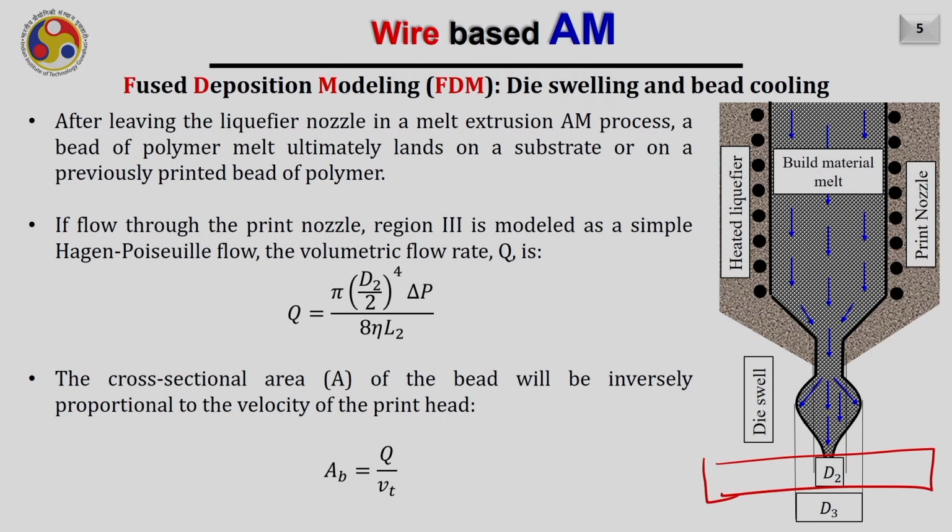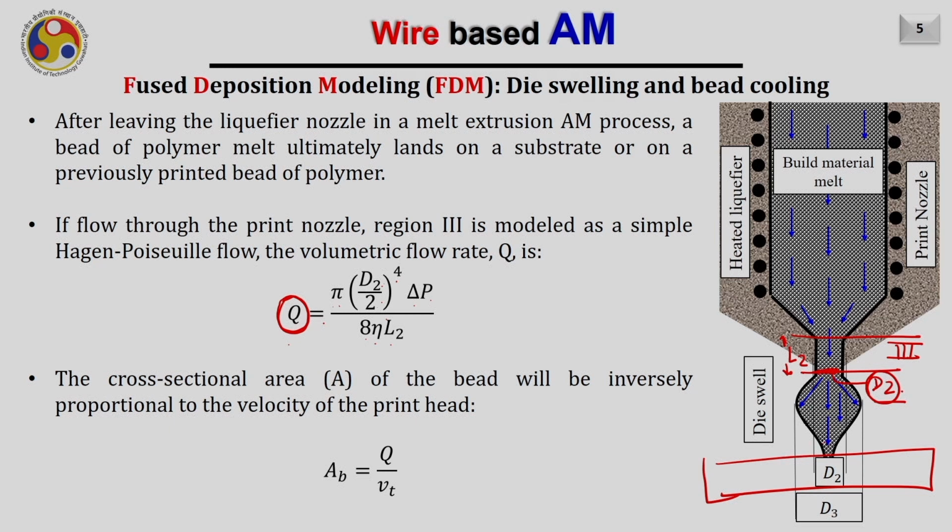If the flow through the print nozzle region, which is region number 3, is modeled as a simple Hagen-Poiseuille flow, the volumetric flow rate Q in this region can be given by this formula: Q equals pi (d2 by 2) to the power 4 delta P divided by 8 eta L2, where d2 is the opening diameter of the nozzle at region 3, and L2 is the length of this region.